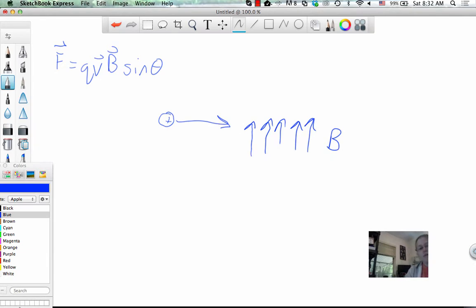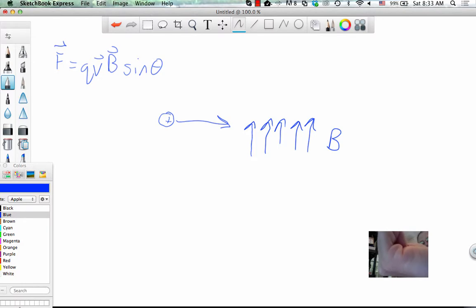Okay, so what you do is you put your fingers in the direction of the velocity. So you're pointing in the direction of the velocity. And then you need to curl your fingers in the direction of the magnetic field. And often that means you'll have to rotate your hand in some sort of way, because our magnetic field is going towards the top of the page. And so now I curl my fingers in the direction of the magnetic field, and I look at my thumb.